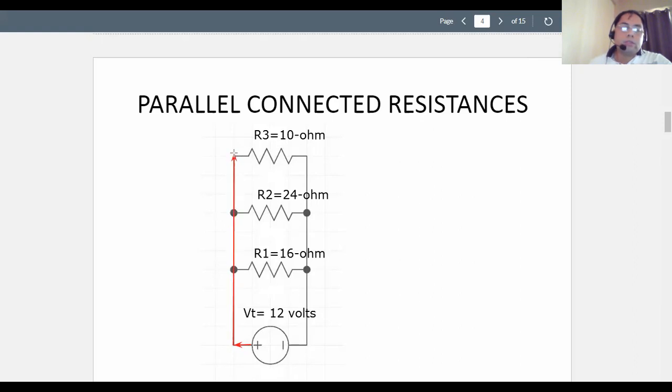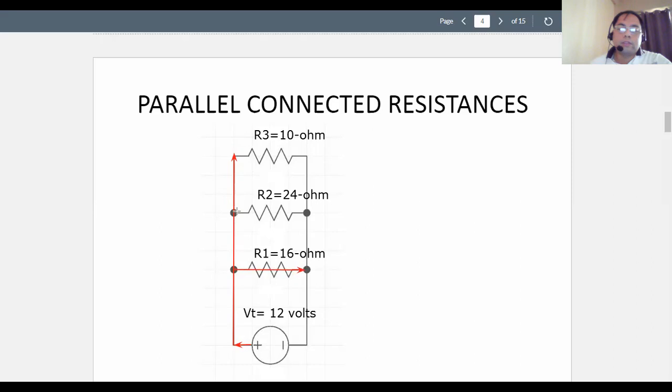However, as it goes into the resistances, it will pass through 3 resistances. As the total current from the battery enters a junction where the 3 resistances are connected, that current from the battery eventually splits into 3 different directions.